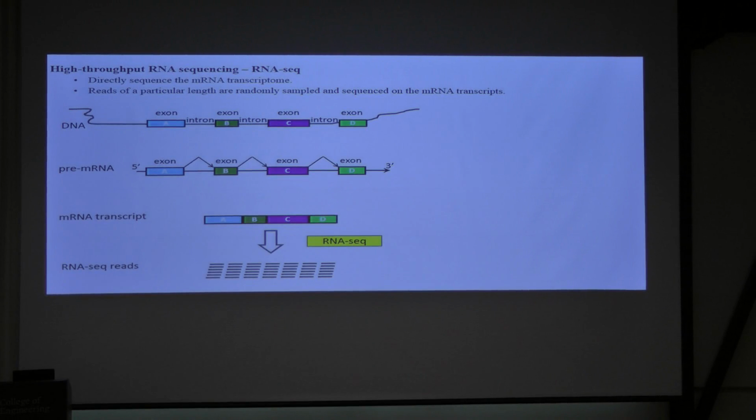If you look at it, the pre-mRNA has these exons, right? However, exons are like nodes in a graph. How the nodes are eventually connected to form a path could vary.